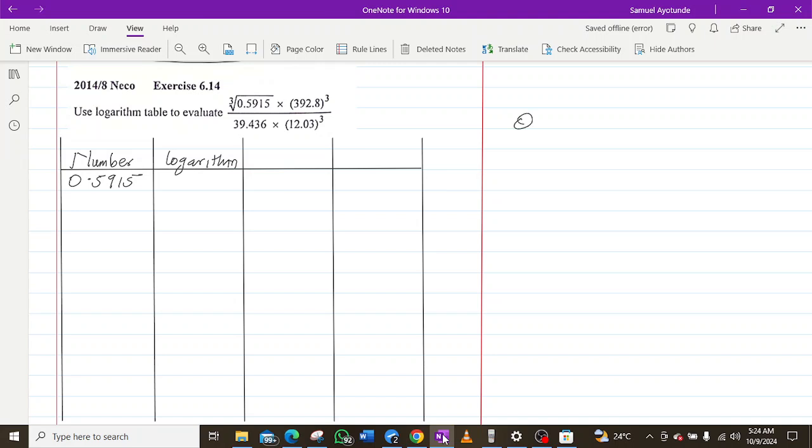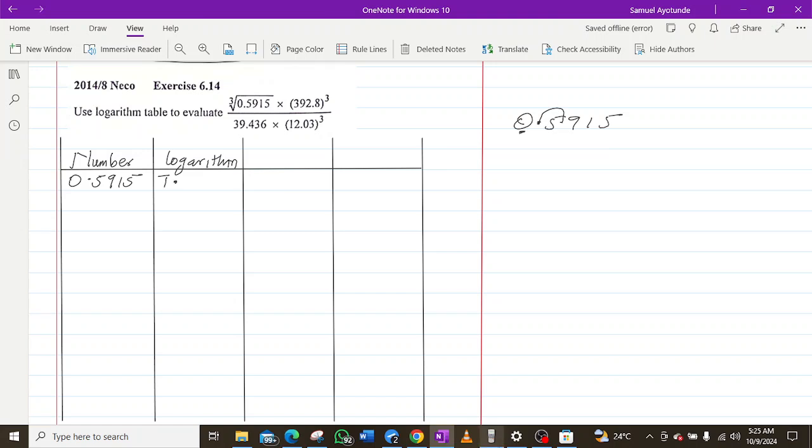We need to get the characteristics of the figure 0.5915. As you can see, the number is less than 1. So we need to count how many steps away is the point from after the first tangible number. So over here is 1 step away. So we have 1 bar here since the number is less than 1.